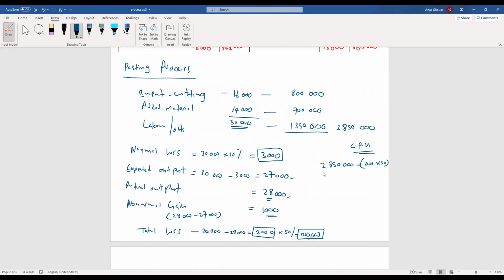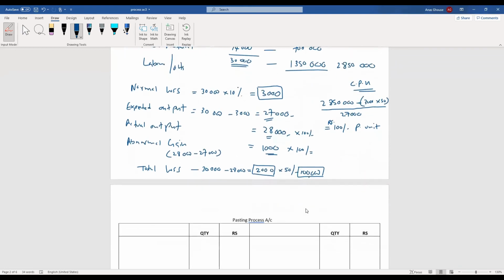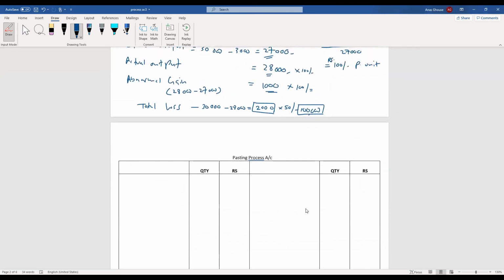Once you eliminate this, it should be divided by the expected output of 27,000. So therefore, our cost per unit will be 100 per unit. This is in rupees. Our actual output should be valued at 100 per unit, and also abnormal gain should be valued at 100 per unit. Now let's move on to the process account, pasting.